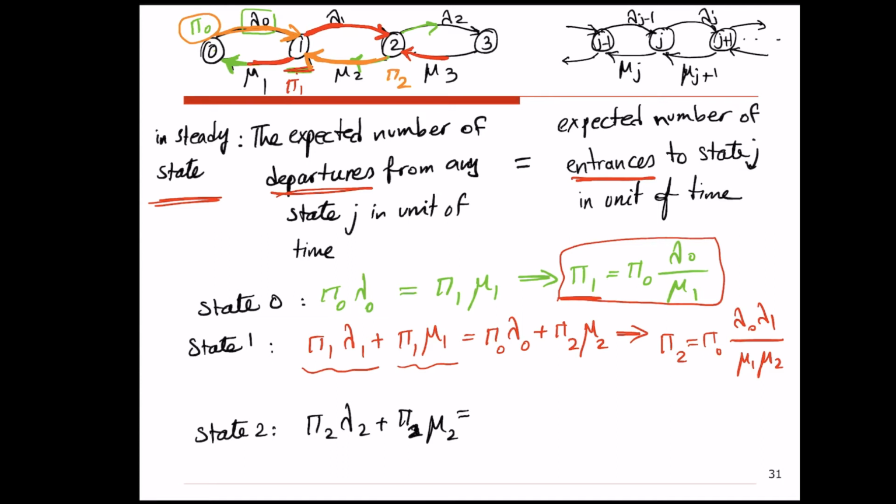So entrance to state 2 happens if I'm at state 1 and then I enter with the rate lambda 1, or if I'm at state 3 and then I enter with the rate mu 3.